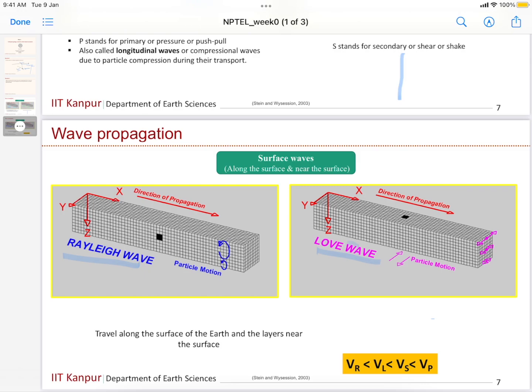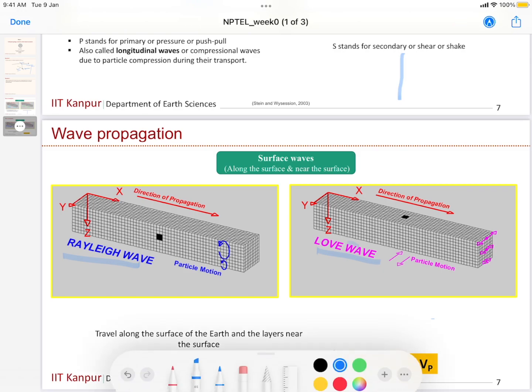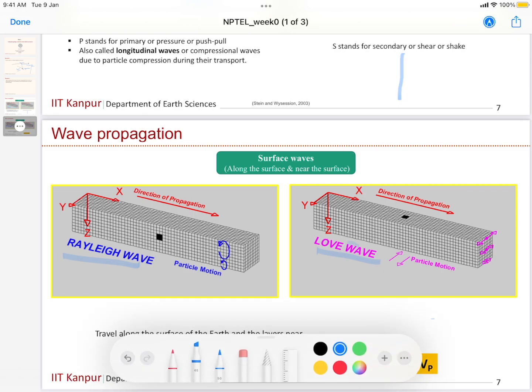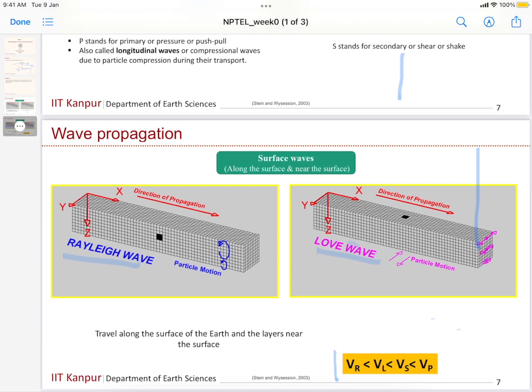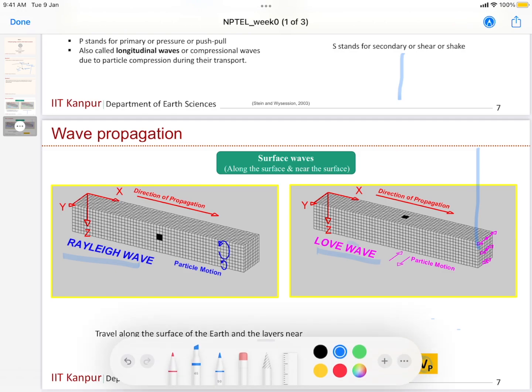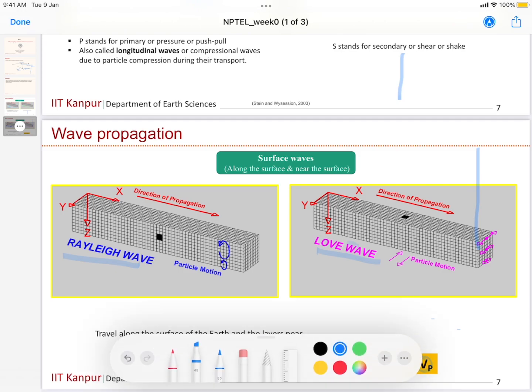Now if we see the velocity of all the four waves, this is the final expression marked in this box. The fastest wave, you can see, is Vp, the P wave velocity, and that's why the name came from primary waves.